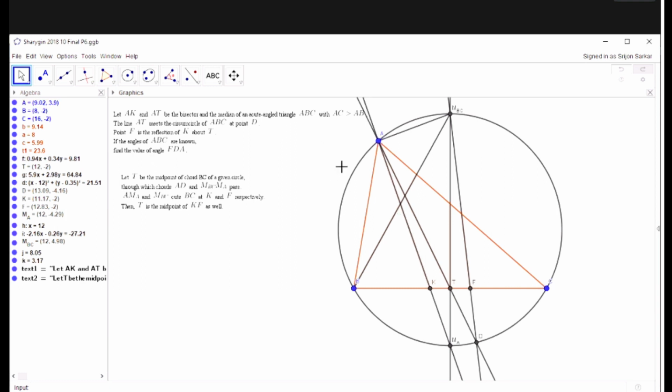I had written about it in the prerequisites. The angle bisector of BAC would meet the minor arc BC at its midpoint. That's fact 5, right? And M sub BC is just the reflection of it over the circumcenter.